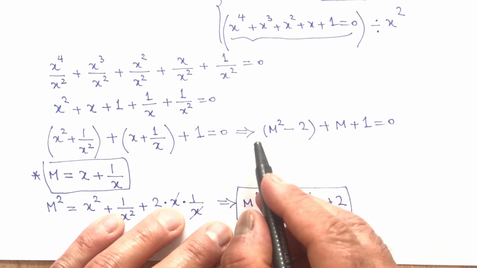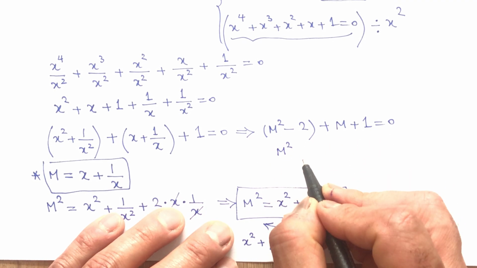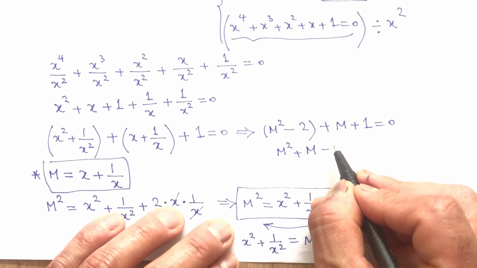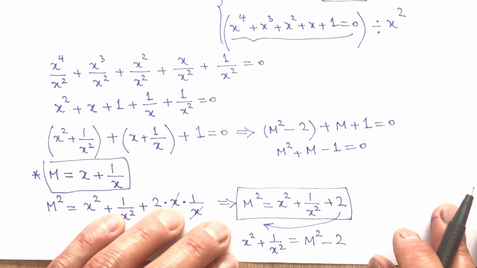Okay, I can simplify this one because this one is m squared plus m, and minus 2 plus 1 is minus 1 equals to 0.